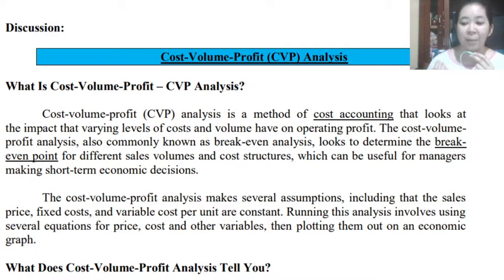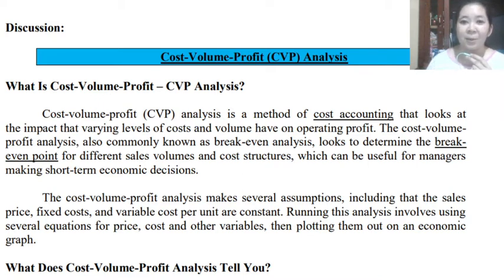The purpose of this is to minimize as much as possible the costs incurred and to maximize their output as well as their sales or profit. The cost volume profit analysis is also commonly known as break-even analysis. As we go along, you will know what break-even means.